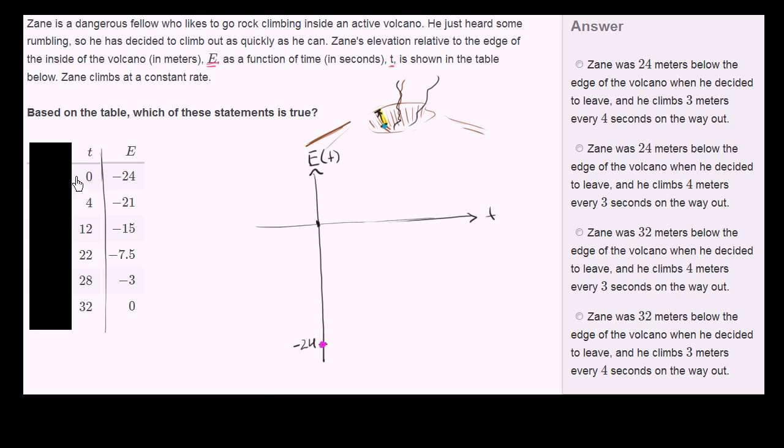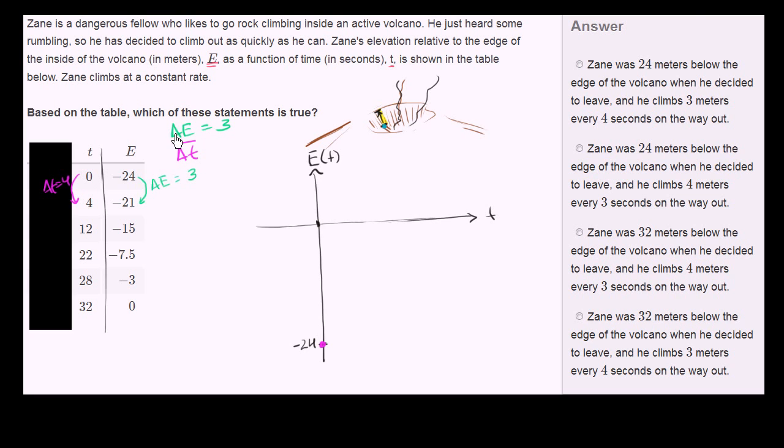And then when time increases by 4, so our change in time is equal to 4, what's his change in elevation? Well, he's going from negative 24 to negative 21. He increased by 3. So his change in elevation is equal to positive 3. At what rate is he increasing his elevation with respect to time?